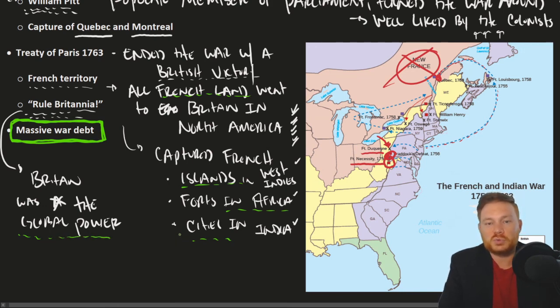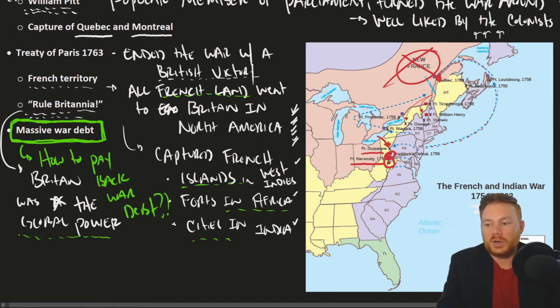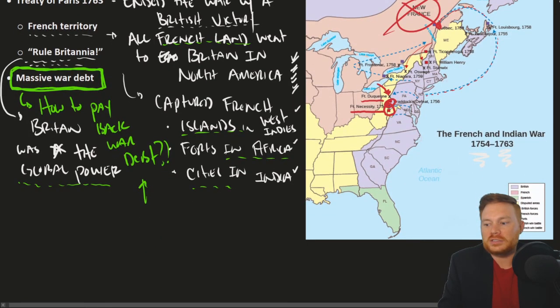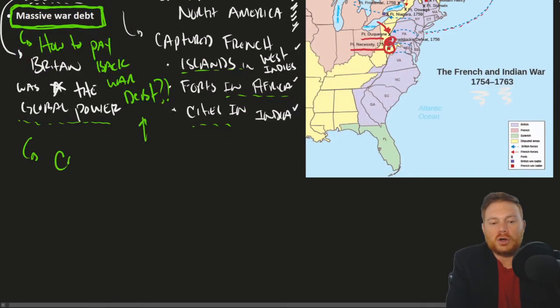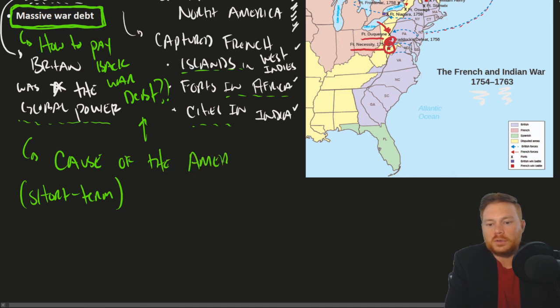Now, after this war, there was one glaring issue, and that was the war debt. And the big question becomes how to pay back the war debt. Now, this becomes an important question because the answer to that question ultimately leads us to the cause, and by the cause we mean the short-term cause of the American Revolution.